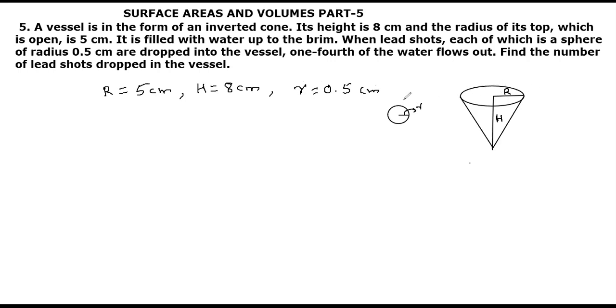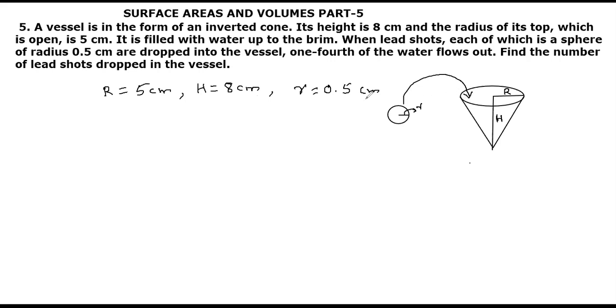When these lead shots are dropped into it, some water flows out. Find the number of lead shots. So 1/4 of the water, 1/4 of this volume flows out.